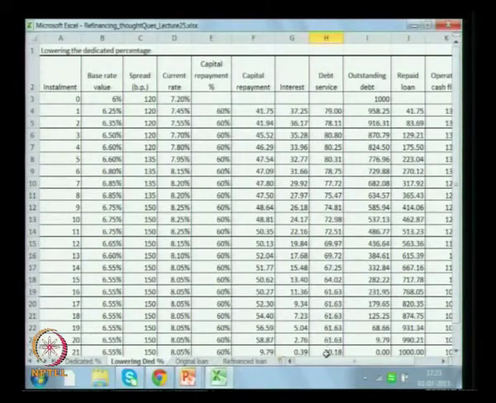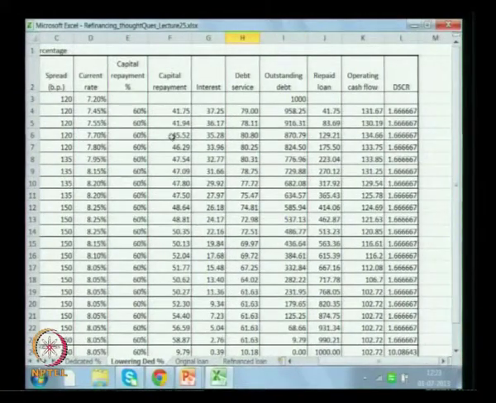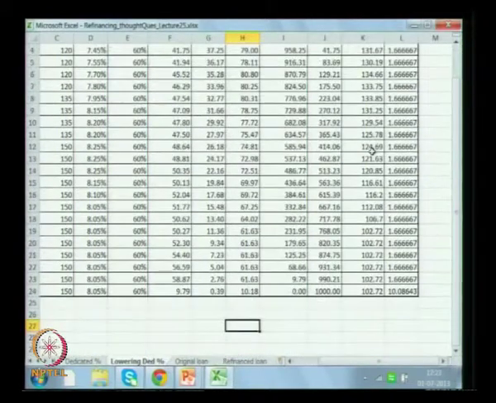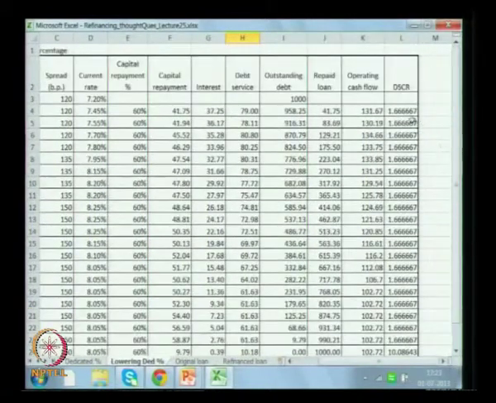And if we calculate the remaining columns as well, we will be able to get the numbers that I have shown in the spreadsheet. So, in this case the debt service coverage ratio happens to be 1.6667. So, the debt service coverage ratio has increased as a result of this soft refinancing.